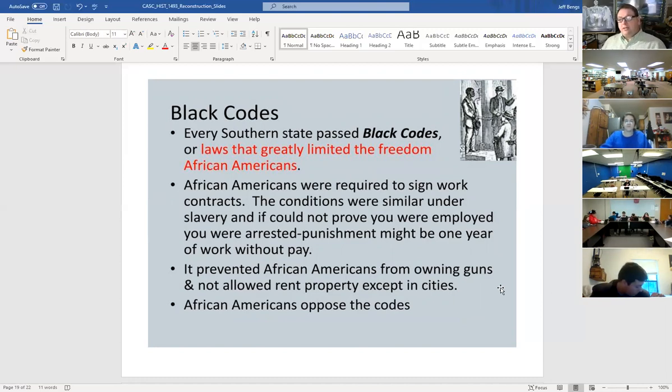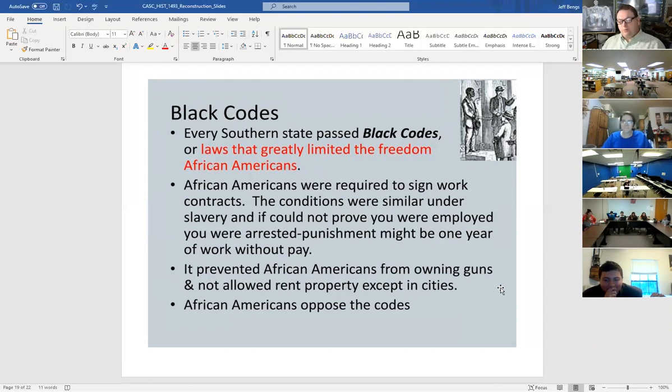So the Southern states enacted what has been called, and are still called, black codes. And these were just laws that limited, in the South, the freedom of African Americans.